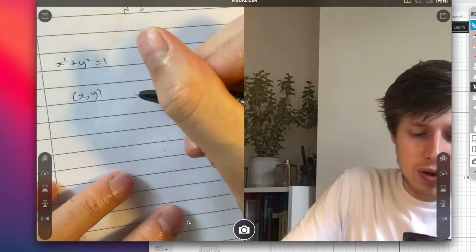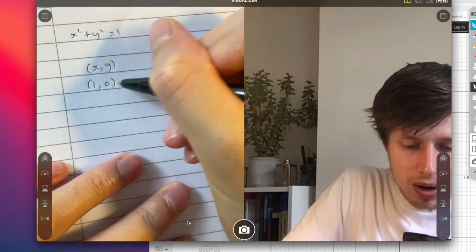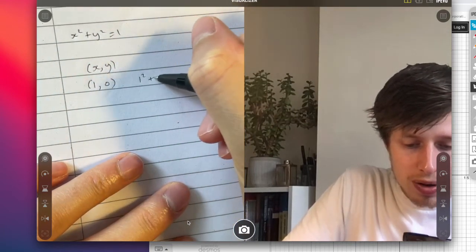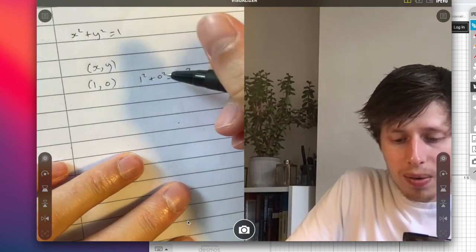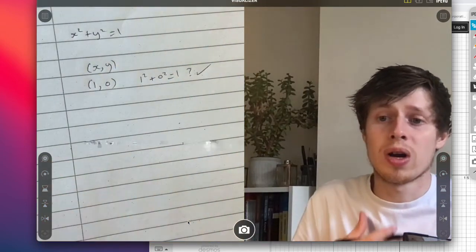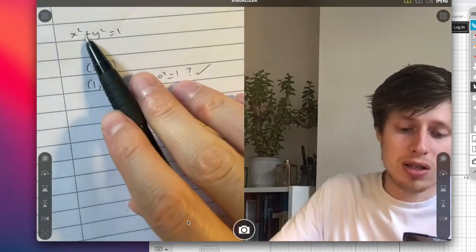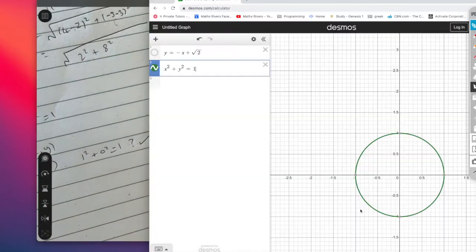So let's look at a few coordinates that satisfy this. Let's say when x is 1 and y is 0, x squared plus y squared, is that equal to 1? Yeah, 1 plus 0 is 1, so 1 equals 1. That gives a true equation. It is true that x squared plus y squared equals 1 in this case. So we plot 1, 0. And where is 1, 0?